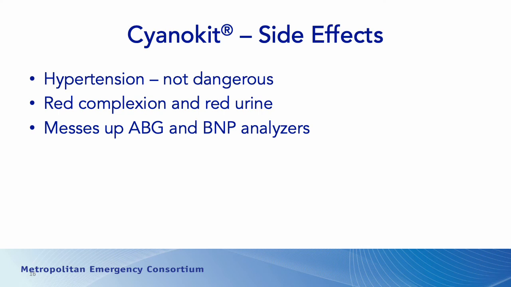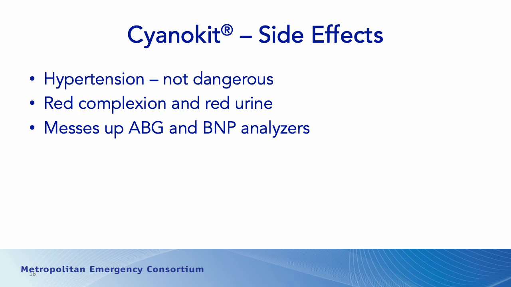It can mess them up, but I think it's better to have a live patient and not be able to do some of the lab work than being able to do lab work, but you have a patient who's going to die. So if you have a patient, give them the kit. When you get to the hospital, let them know that the patient received the medication, and they may be able to make some adjustments in the testing and the processing of the lab samples.